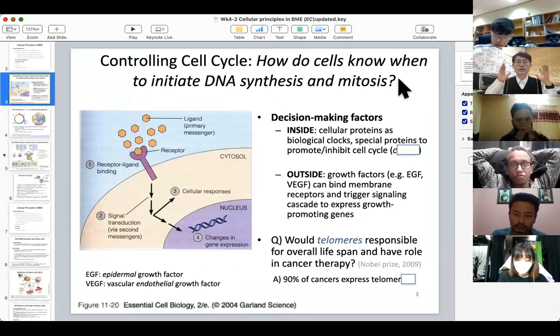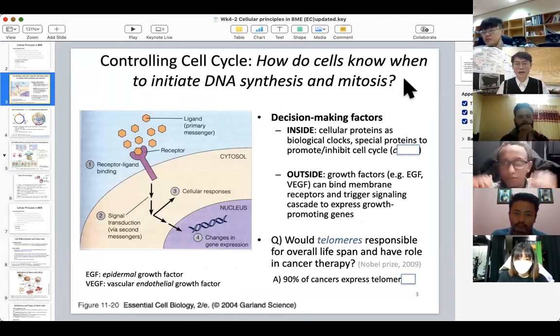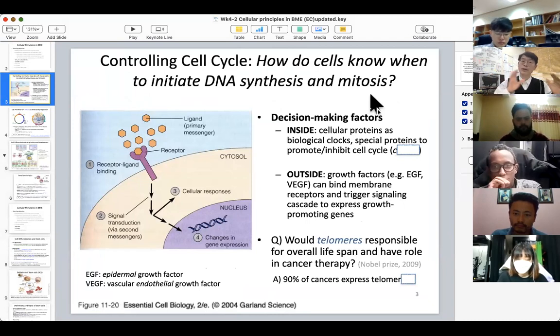How do cells know when to initiate DNA synthesis and start to divide, mitosis? And those decision-making factors can come from inside or outside, okay? Let's first think of inside. Cellular protein itself is a biological clock. Of course, when we were developing as an embryo, the cells are programmed to keep proliferating.